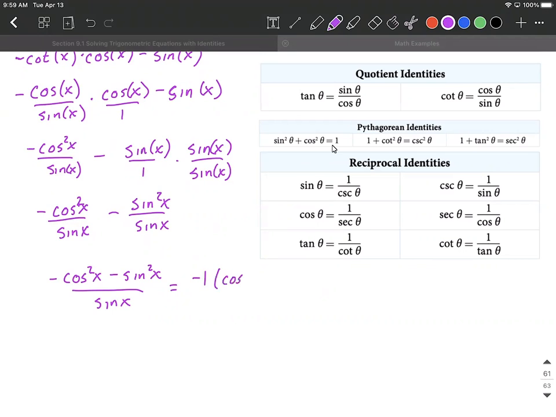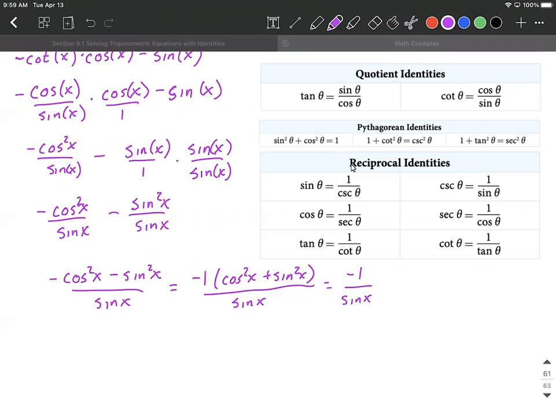So we get cosine squared plus sine squared with a negative out in front, all divided by sine of x. All right, therefore, cosine squared plus sine squared, same thing, just reverse the order here. That's still equal to 1. So it's negative 1 times 1 up in our numerator, which makes a negative 1, divided by sine of x.